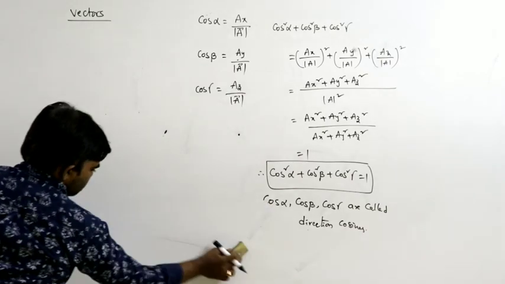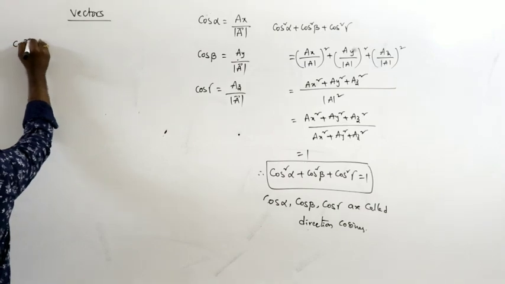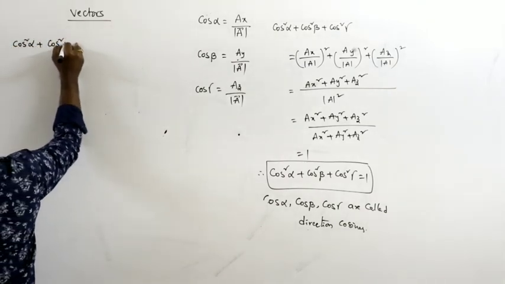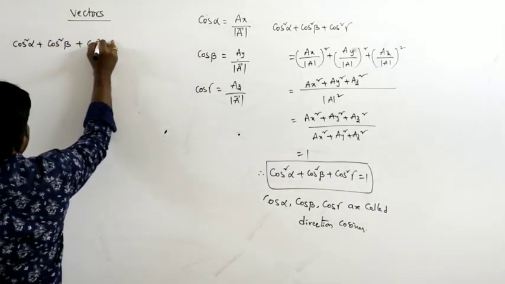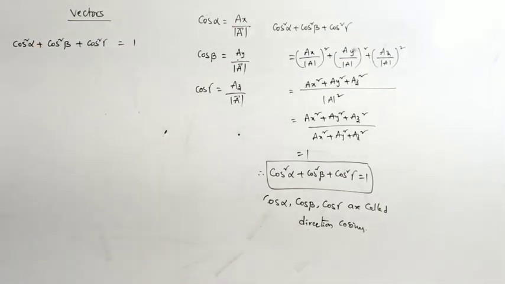So next, cos square alpha plus cos square beta plus cos square gamma equals 1. This can be written using cos square theta plus sin square theta equals 1 according to trigonometry.